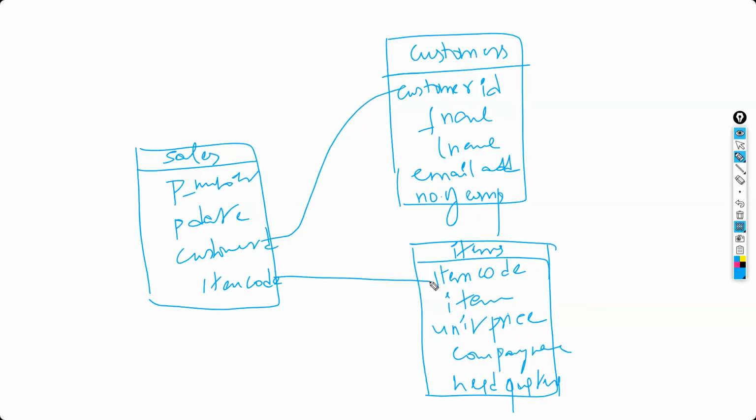That is the connection between the 2 tables which you are going to do. In this way, I want the database schema. Inside the database, I want the 3 tables, out of which these 2 tables have to be connected. In this way, the database schema should be there.